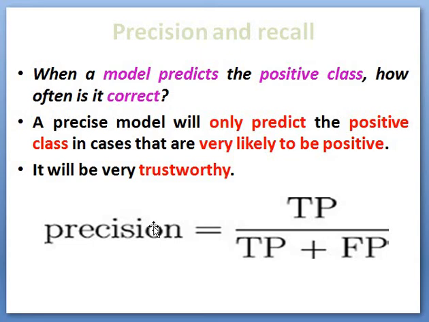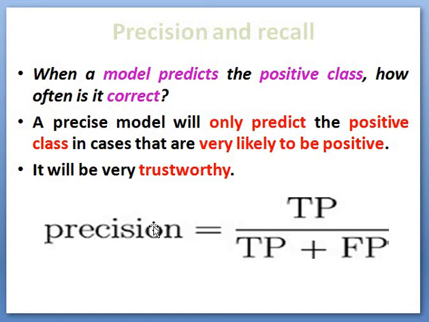So precision can be defined as TP divided by TP plus FP, that is, true positive divided by true positive plus false positive. This precision is another measure used in machine learning, which indicates the proportion of positive examples that are truly positive out of all the positive cases.